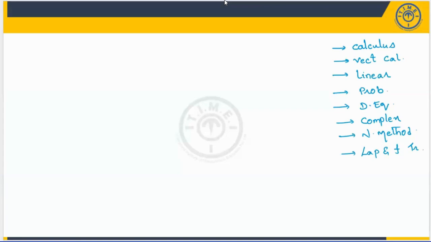Now when we talk about CS, they are having only these 3 topics: calculus, linear algebra, probability. And for electrical, the whole thing, except the numericals.